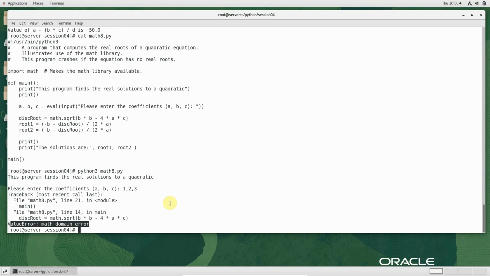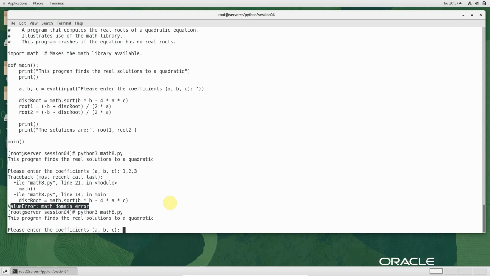And if you give some meaningful values, let's try another set of values. If I enter b square minus 4ac so that I can calculate the value, I'm entering the value of a as 2, comma b as let's say 7. 7 sevens are 49, minus let's say 2 fours are 8, 3 eights are 24. So I enter these values. At least I know b square is 49 minus 6 multiplied by 4, 24.